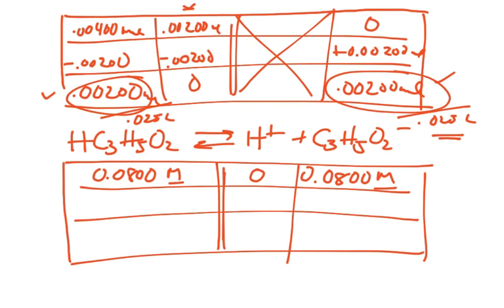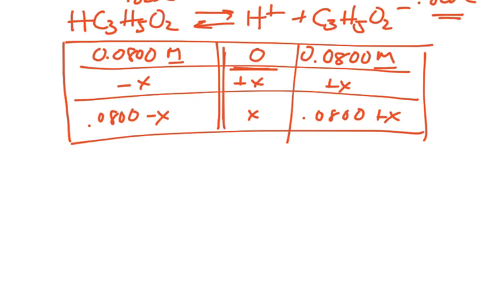Obviously this reaction is going to have to shift to the right because this is 0, no way it can shift to the left. So this is minus x, plus x, plus x. 0.0800 minus x and 0.0800 plus x, and we're going to put this into our Ka expression.